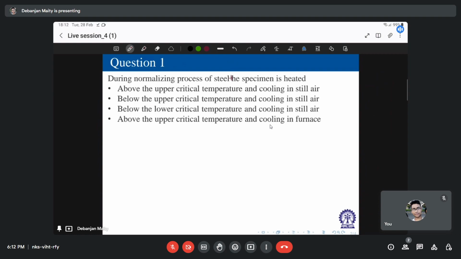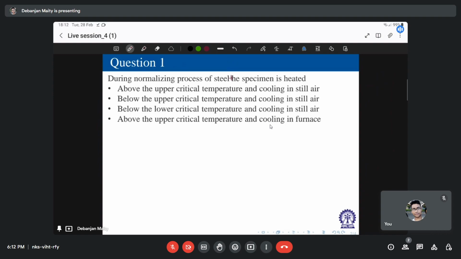Normalizing is one of the most widely used heat treatment processes. It is mainly applied on almost all castings, overheated forgings, and very large forgings. Now why is normalizing used?